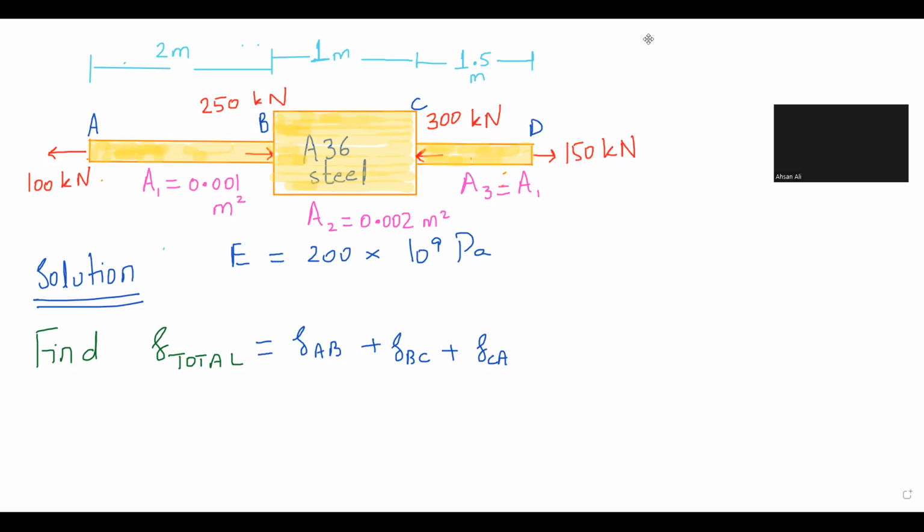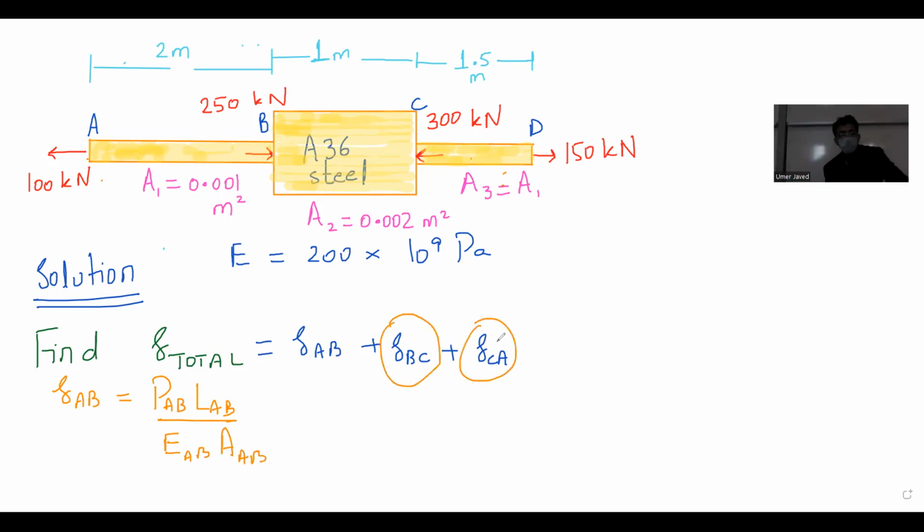And my whole problem is divided into finding delta AB, which is equal to P_AB L_AB over E_AB A_AB. Okay, I'm definitely sparing some time. You can write the expressions for these as well, for now. Okay, in fact, no harm in it.